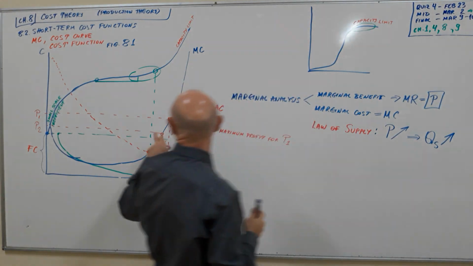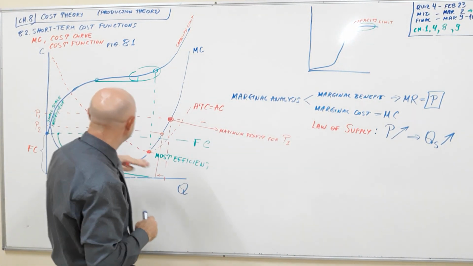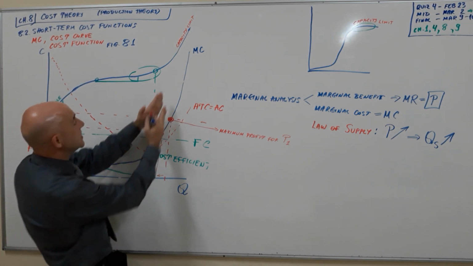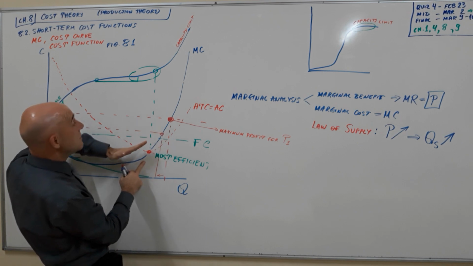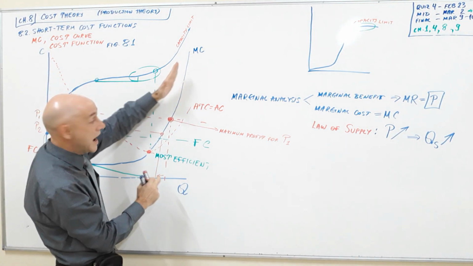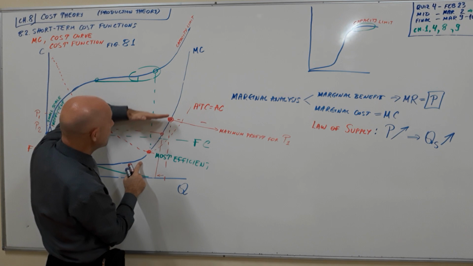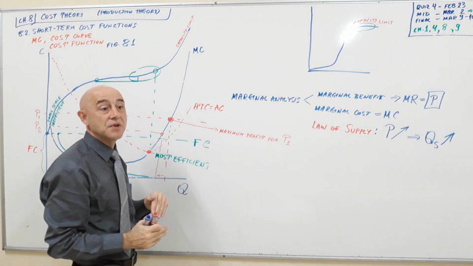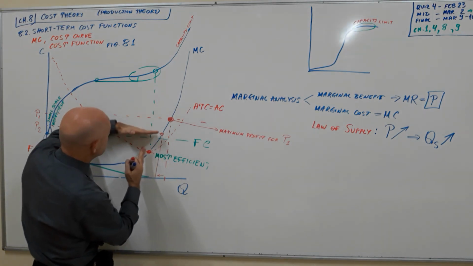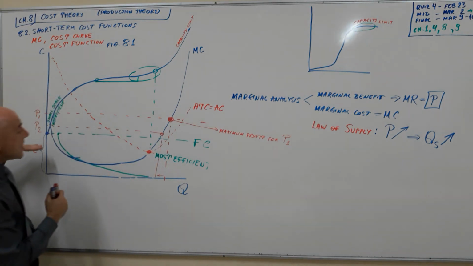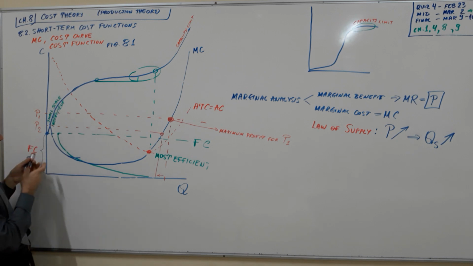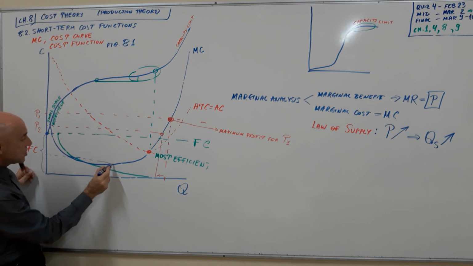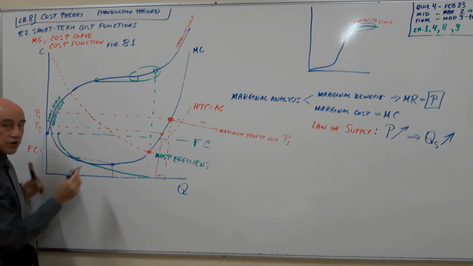Okay. This is the explanation here. The explanation is because you will always operate on this side of the marginal cost curve, and the marginal cost curve goes up. As you increase the price, businesses will increase their supply. If the price is very, very low, you're going to be only here.